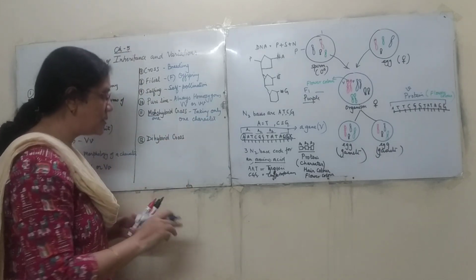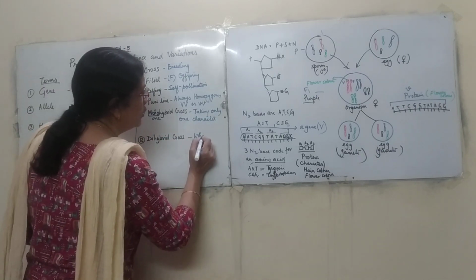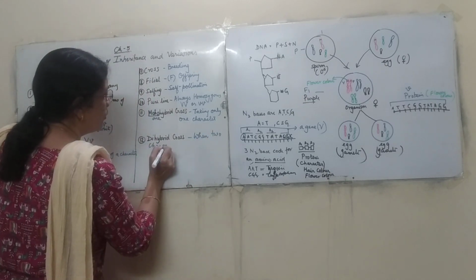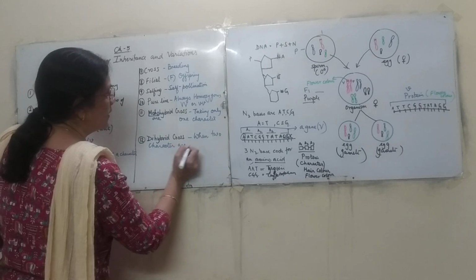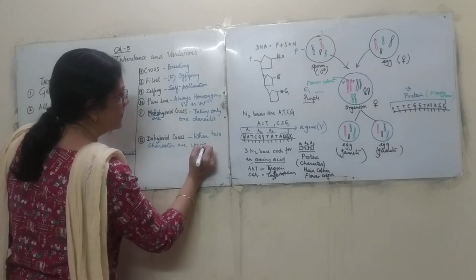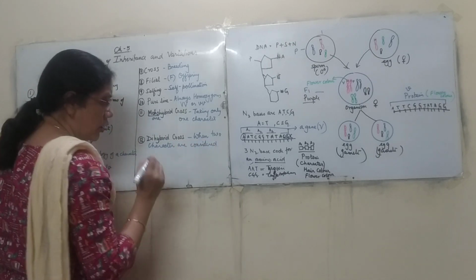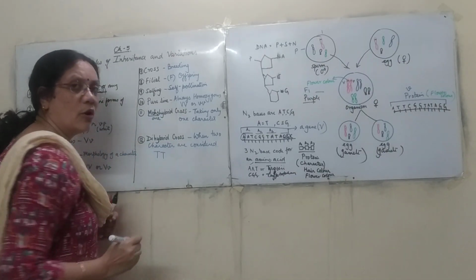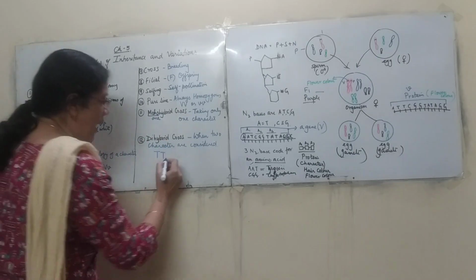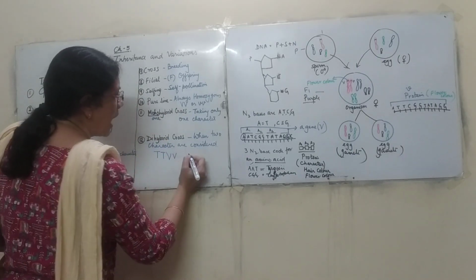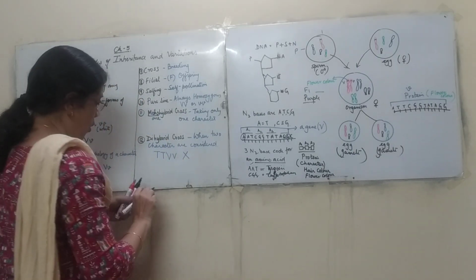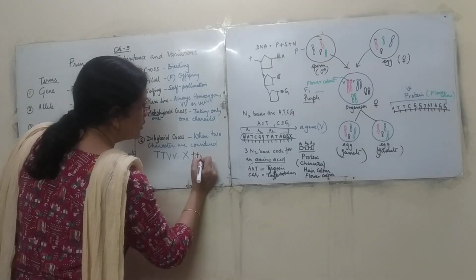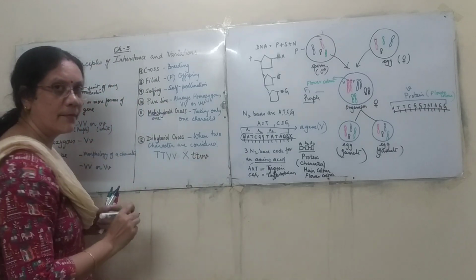Similarly, in a dihybrid cross, when 2 characters are considered, for example, I might take a tall plant with violet flowers and I am crossing it with a dwarf plant with white flowers.